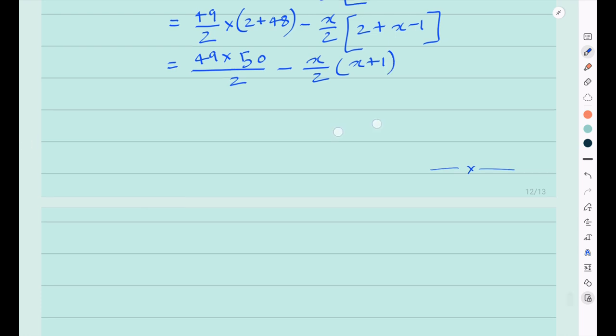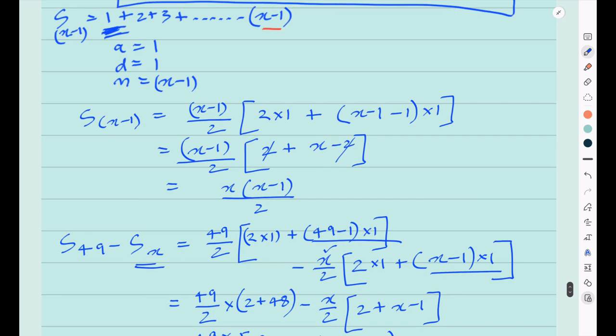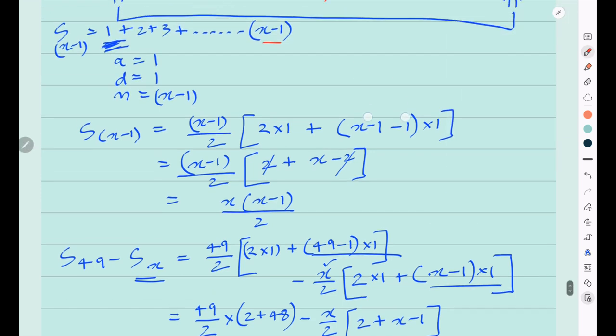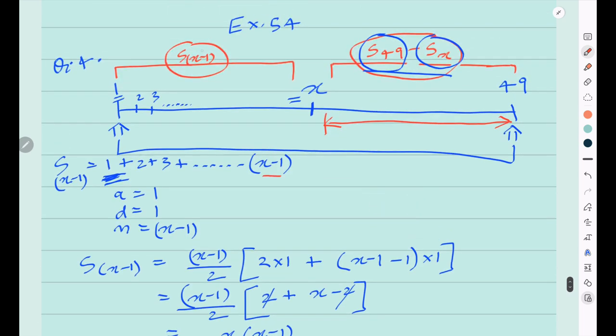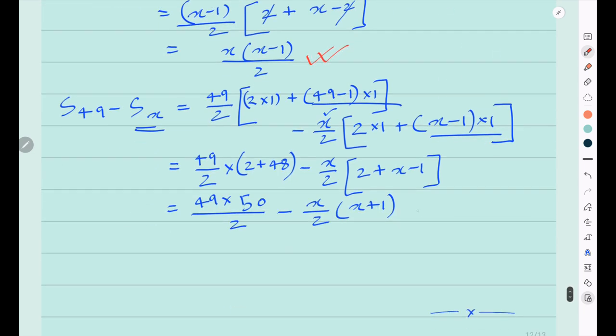So now we have actually got two equations which tell us that they are equal. Because what was the original question? The sum of all the house numbers before x and after x is the same. So this is the sum of house numbers before x, and this is the sum of numbers after x, and they are equal.